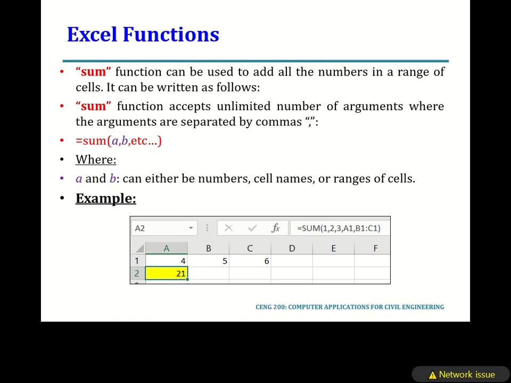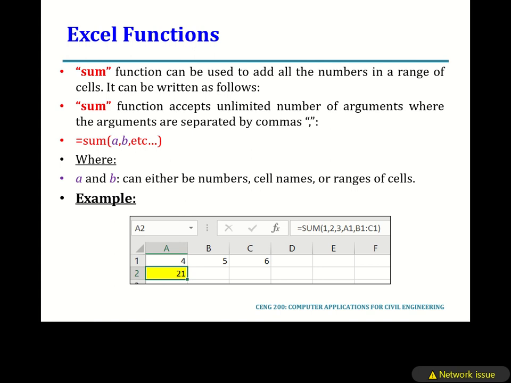Or I can directly go to that cell and select it. So I type equal, then sum, then bracket, then don't type anything, just go to that cell with your cursor and select it.